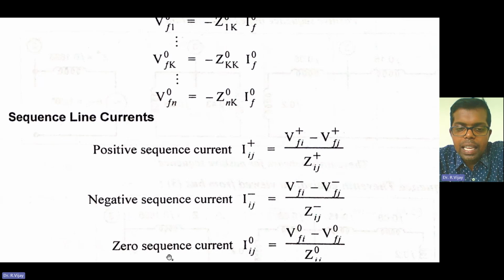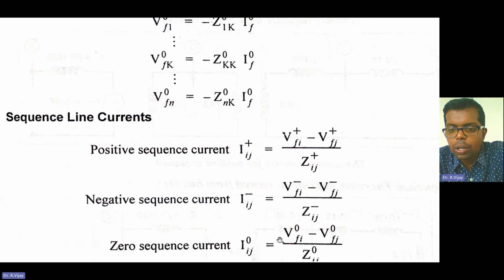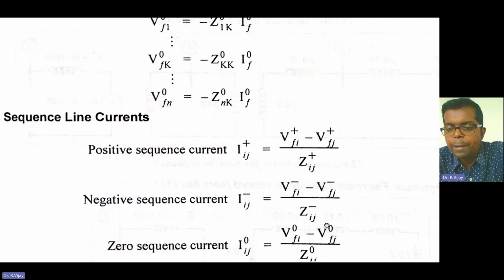Then the zero sequence current Iij 0 is equal to VFI 0 minus VFJ 0 divided by Zij 0. These are the sequence line currents: positive, negative, and zero sequence currents.